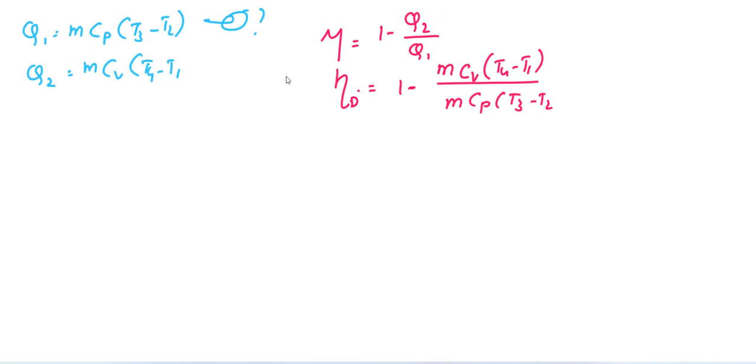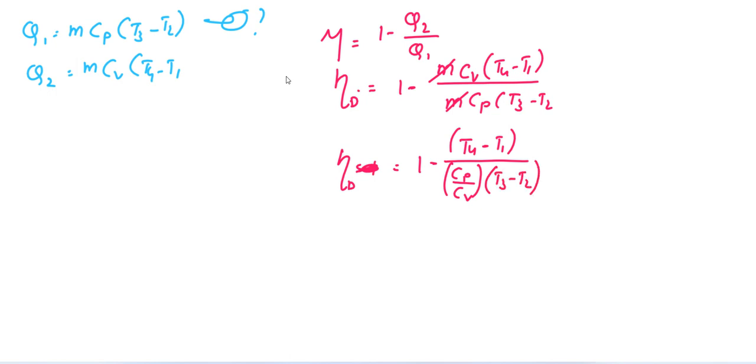In the same way, efficiency of a diesel cycle equals 1 minus, the mass is equal so mass gets cancelled, then T4 minus T1 divided by Cp by Cv into T3 minus T2. We all know that gamma equals Cp by Cv.